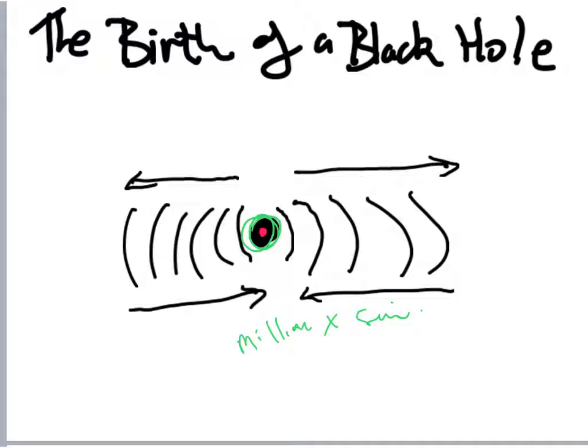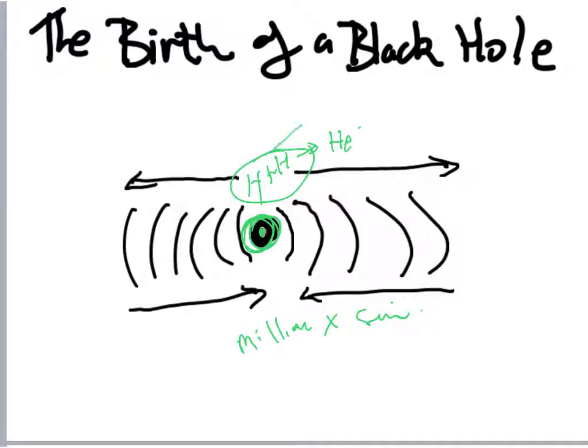So basically we start off with this object that is made up of hydrogen. And at the center, at this core, it is so hot that it fuses hydrogen atoms and forms helium. So what's happening right now is that you have nuclear explosions.